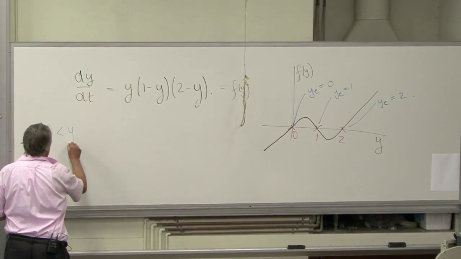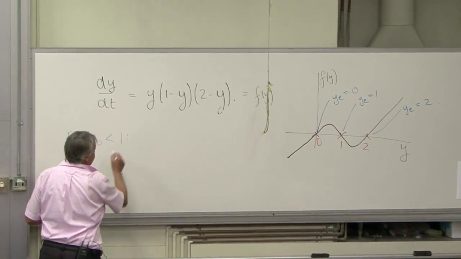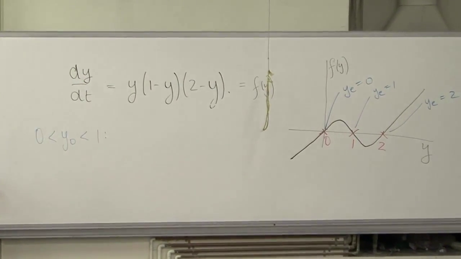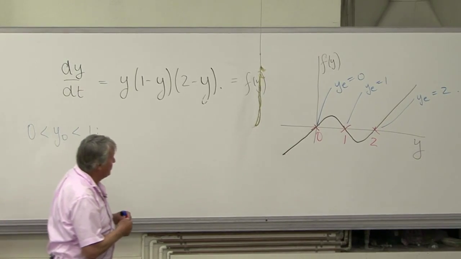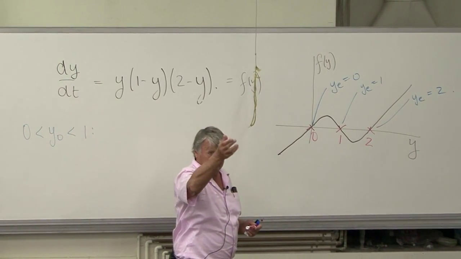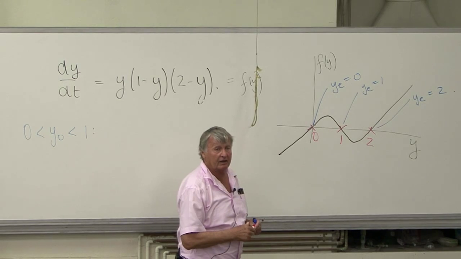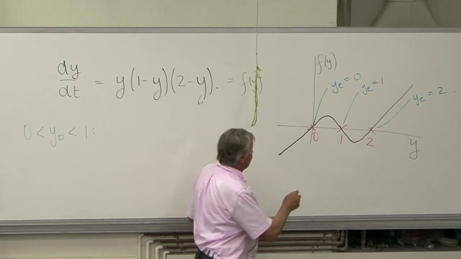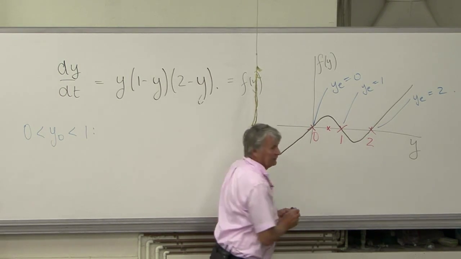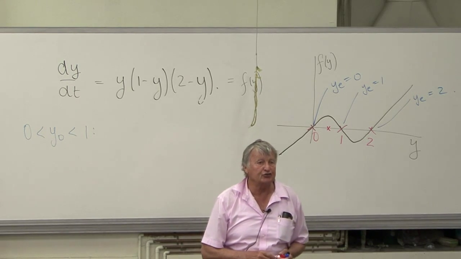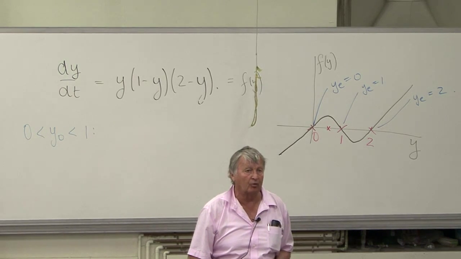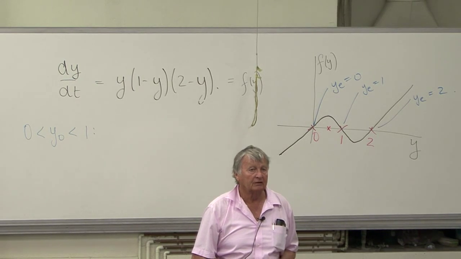Naught is less than y0, less than 1. Okay? Now, my friend up in the back, holler out because I can't quite hear what you're saying. If I start here, what is the sign of f of y at that point? Positive, right?